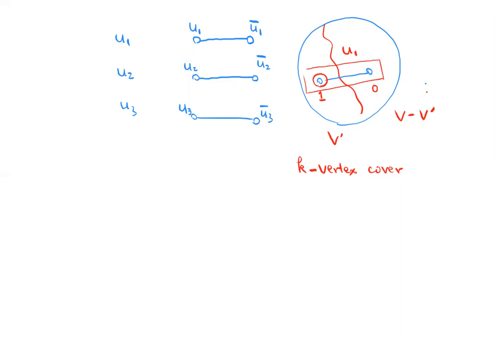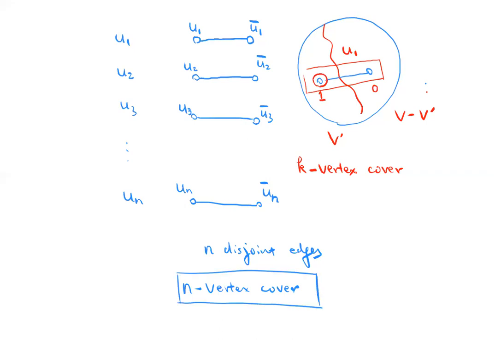So each Boolean variable will be represented by an edge. So we have n disjoint edges, up to Un. Now the correspondence is, in this graph, we consider a vertex cover of size exactly n, because for each edge we need one.